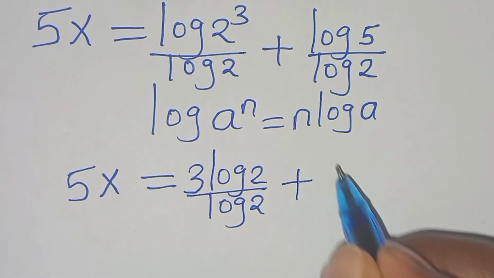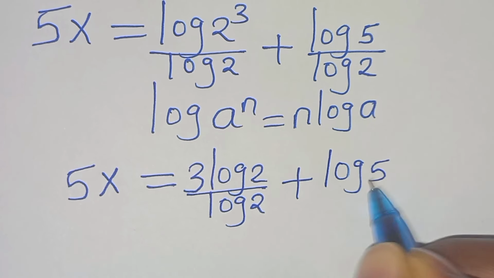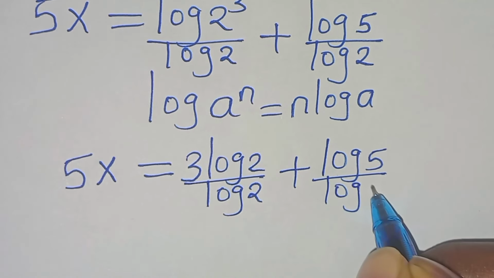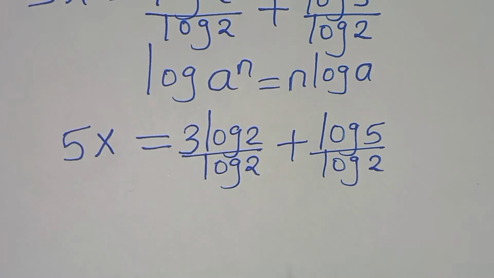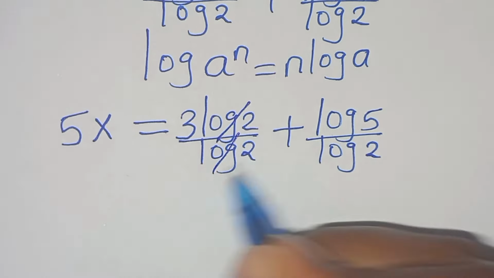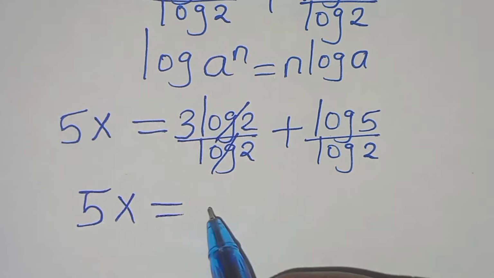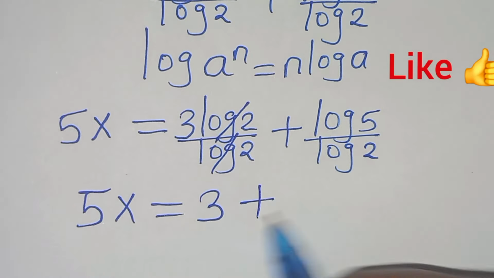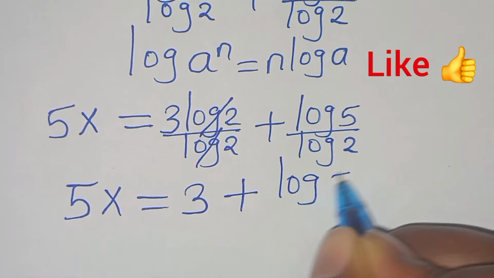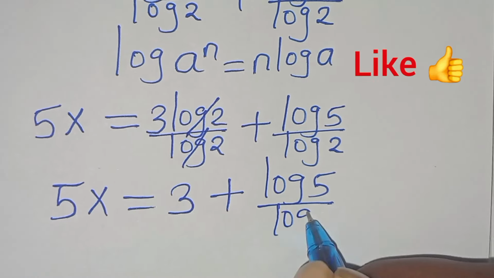Then plus, here we have log 5 divided by log 2. So let's simplify here. Log 2 and log 2 simplifies, so that we have 5x. This is equal to 3, plus log 5 divided by log 2.